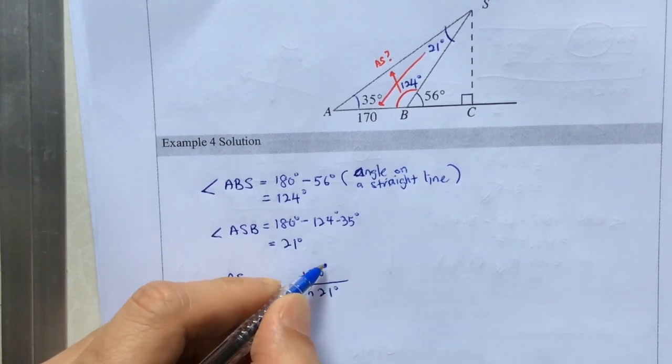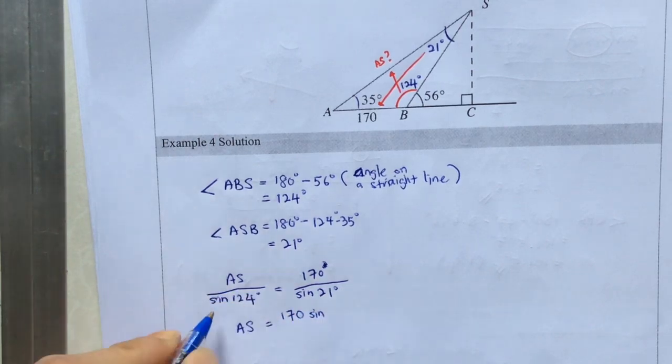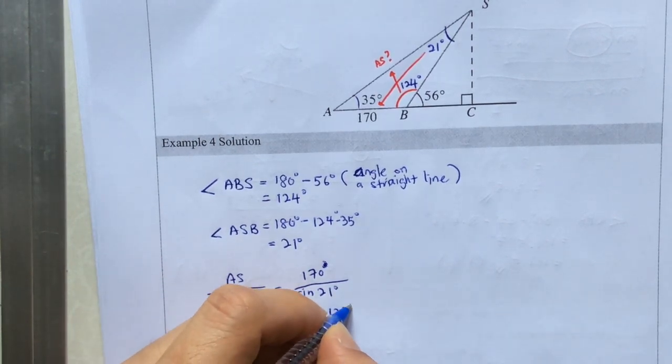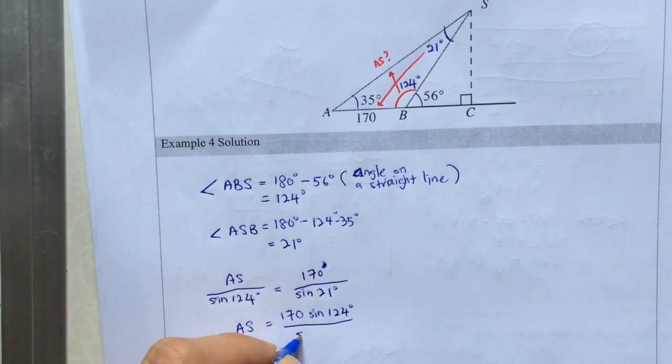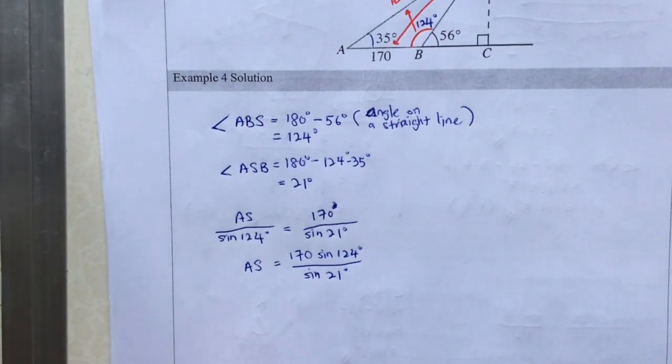So 170, there's no degrees here. 170 times sine 124 degrees over sine 21 degrees. And we press the calculator, we should get an answer.